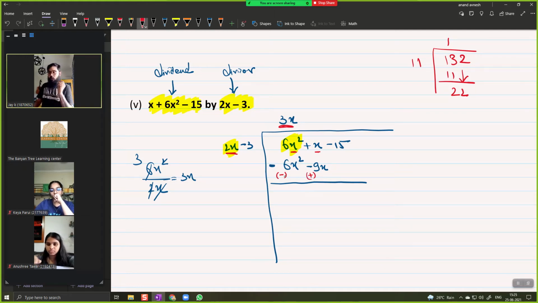Now look at the signs which we have changed, which I have written with red ink in the bracket. So 6x square minus 6x square will be 0, and x plus 9x will be plus 10x. Minus 15 will come down.